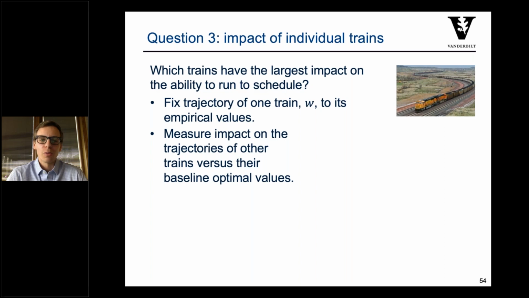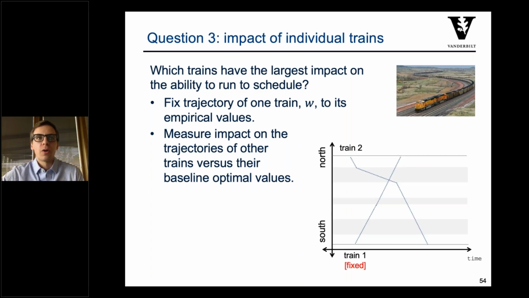The question might make a little bit more sense once I walk through the process, but we will fix the trajectory of one train, which we'll denote W, to its empirical values, so to what it actually ran historically, and we will run the optimal dispatch problem around that one train. So when we fix its trajectory to what it actually ran, how does that impact the optimal planning for all of the other trains versus their baseline optimal values when we didn't fix train W to a specific trajectory?